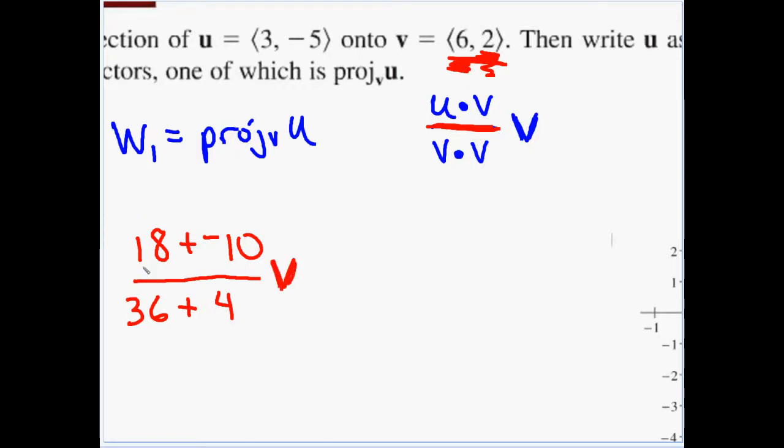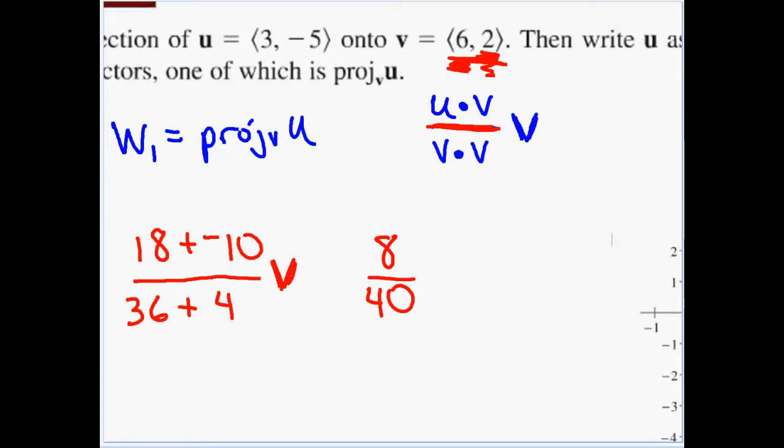So let's find our fraction first. Numerator 18 minus 10 is 8. Divided by 36 plus 4 is 40. And before we go any farther, we can reduce that down. 8 over 40, they're both divisible by 8. So that would be, what, 1/5? Yeah, 1/5.